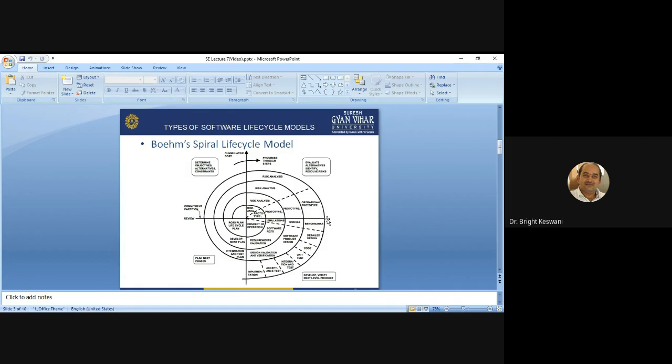So after resolving the risk, you can see here the coil enters the actual development, and verify the next level product, and then the coil enters the next planning phase for the next phase. And the next phase starts with the first thing, that is, identify the objectives and alternatives and constraints. So this is all about the Boehm spiral model.